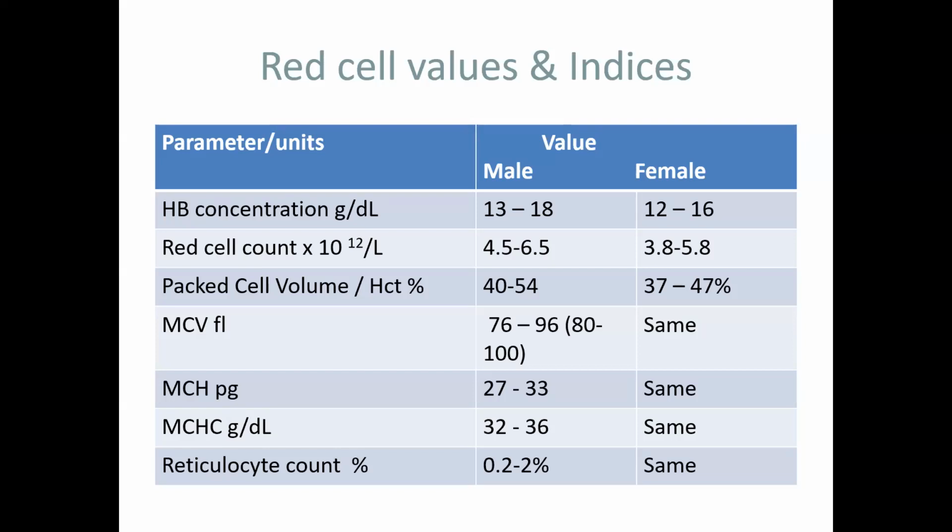Now that packed cell volume is what you're measuring: how much of the blood is made of red cells. That's usually about 40 to 54% in a male and 37 to 47% in a female. Do you understand packed cell volume now?